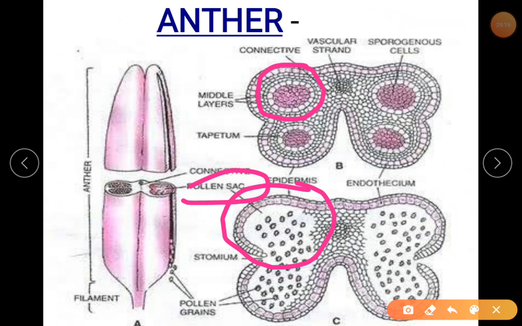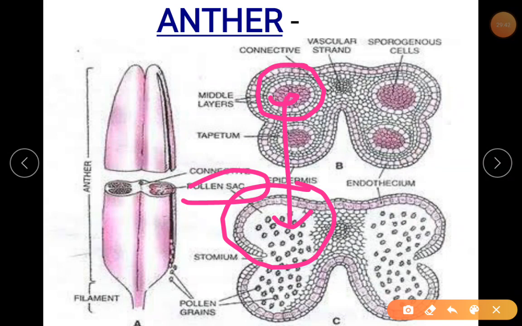Pollen grains are already inside it. Before that it is called the theca, that means the microsporangium with certain layers of cells around it. This microsporangium later, only the pink portion, develops into pollen grains. So that theca now turns into a pollen sac.